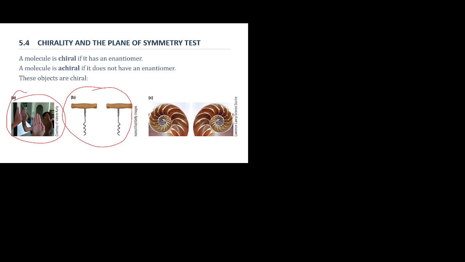This right here, chiral or achiral? Okay, so if you tried to rotate those and superimpose them, the shell has depth to it, doesn't it? I know it's a little difficult to see in two dimensions, but they would not actually superimpose, would they, if you rotate it? So it'd be chiral.